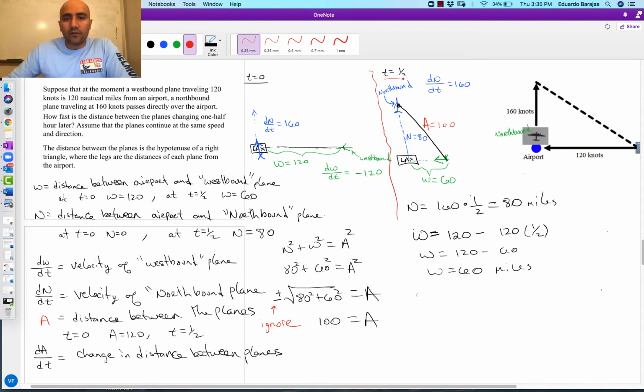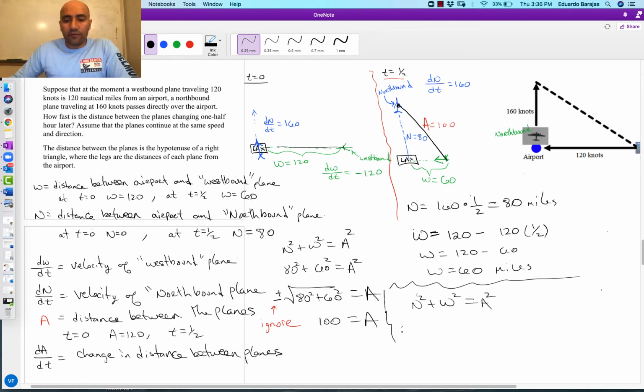So at this particular snapshot in time, these are the values of n, a, and w. So let's bring all those together, again using our Pythagorean formula. We have n squared plus w squared equals a squared.